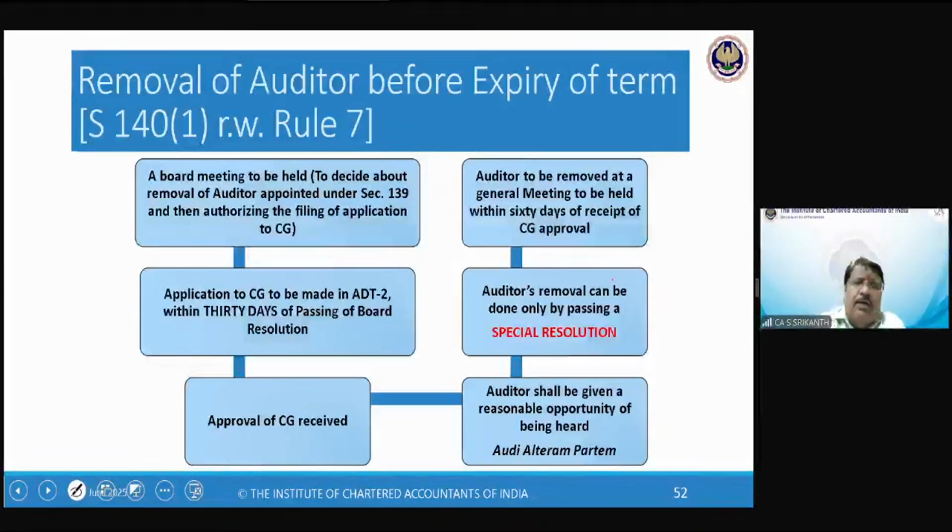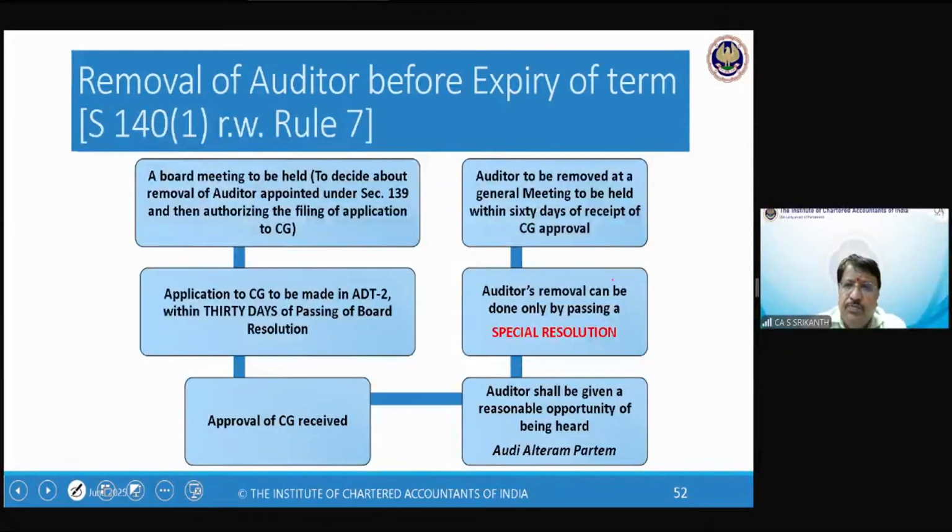Resolved further that Mr. D, the MD of the company, be and is hereby authorized to file an application in this regard before the central government. That's all. With that resolution, you apply to the central government in ADT-2 within 30 days of passing of the board resolution.